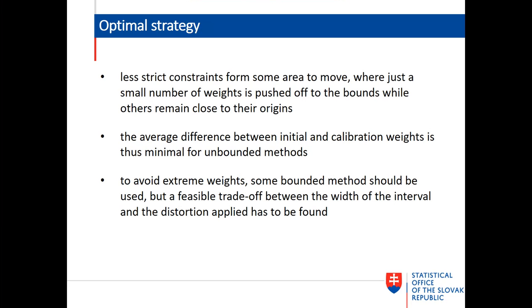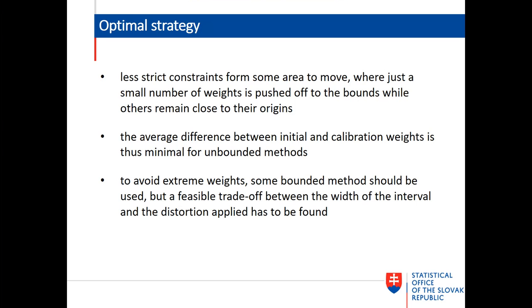Because less strict constraints form some area to move, where just a small number of weights is pushed off to the bounds, and the vast majority of weights could remain close to their origins. As a result, the average difference between initial and calibration weights is minimal for unbounded methods.